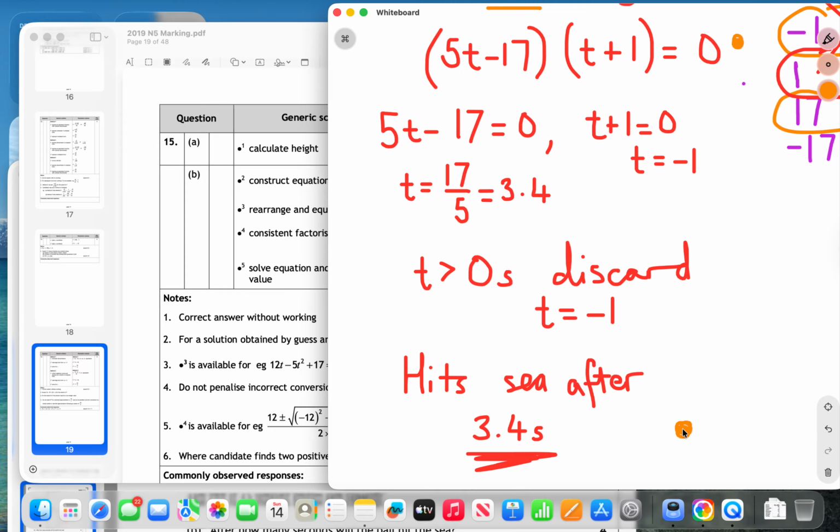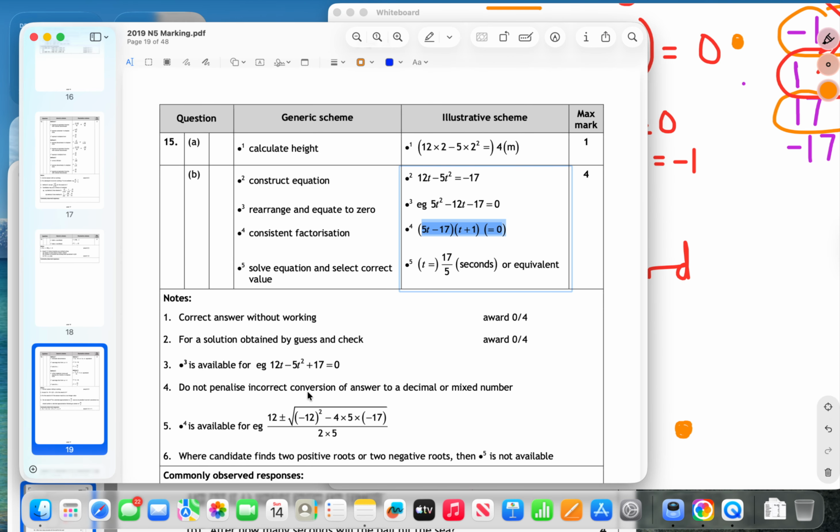So we got that. The fourth mark would be for factorising. And the last mark would be for solving and eliminating t equals minus 1. Getting that would be the last of the 5 marks in the entire question.